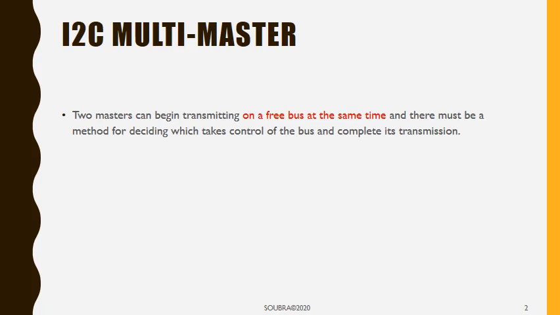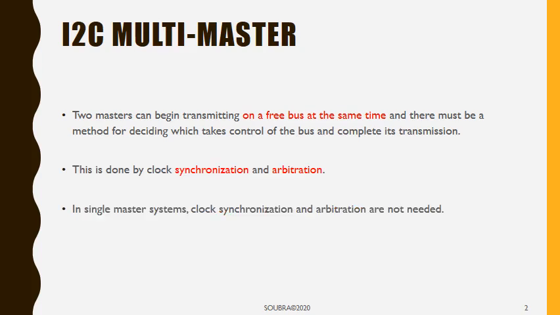Hence, the needed data is being transmitted correctly, and there's no overlapping or transmitting gibberish. So on the clock line, we will talk about something that we call synchronization, and on the data line we'll talk about something that we call arbitration. Fair enough? So synchronization for the clock and arbitration for the SDA.